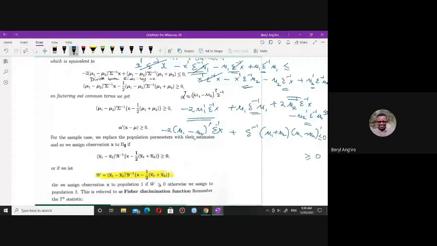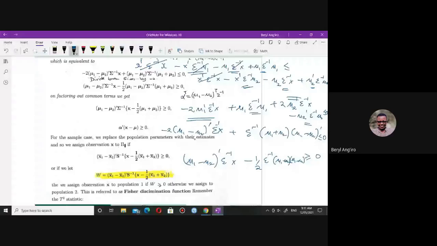Divide both sides by minus 2. So we have (mu1 minus mu2) transpose sigma inverse x, minus, because we're dividing by minus 2, minus a half sigma inverse (mu1 plus mu2) into (mu1 minus mu2), is now greater or equal to 0.